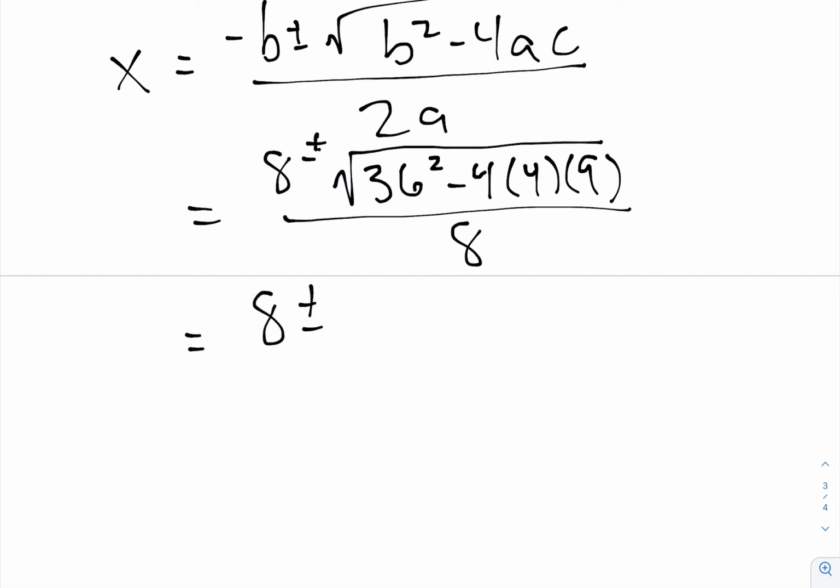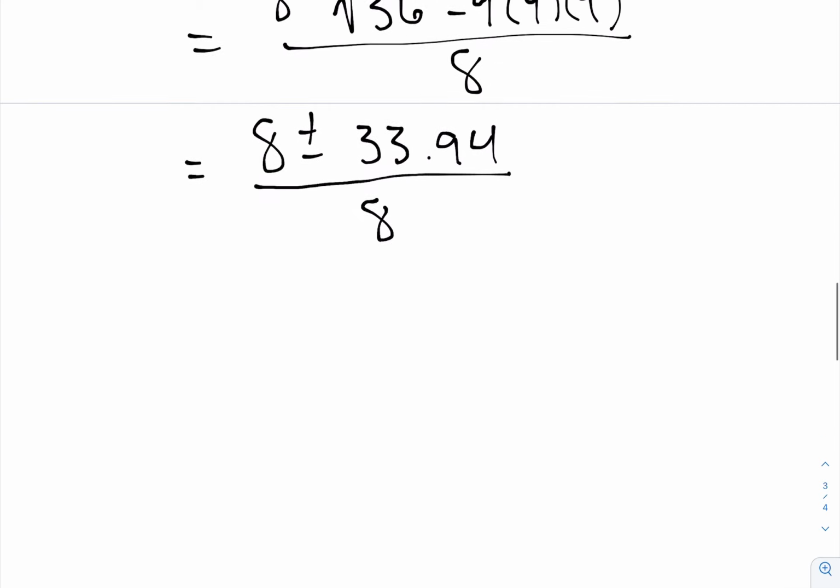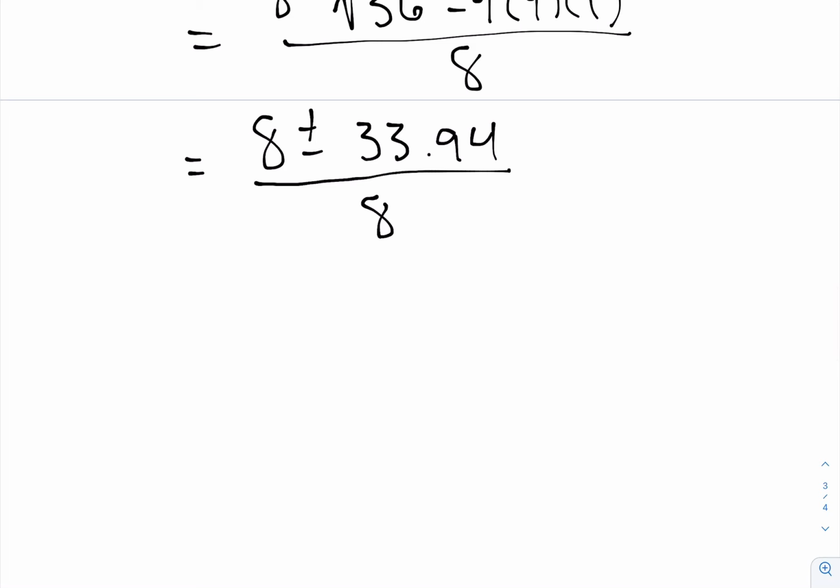So that's 8 plus or minus 33.94 over 8. Okay, so let's just simplify this a bit. If we divide both numbers on the top by 8, we're going to get 1 plus or minus 4.243.